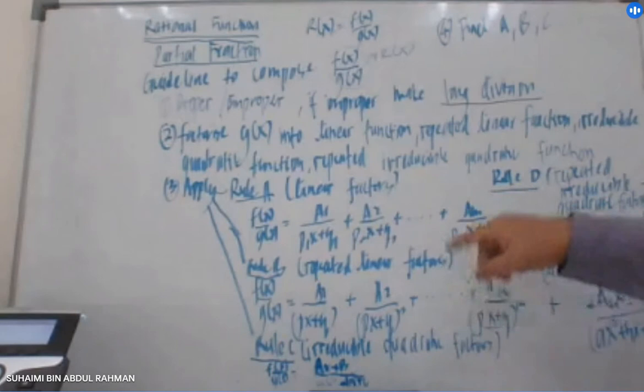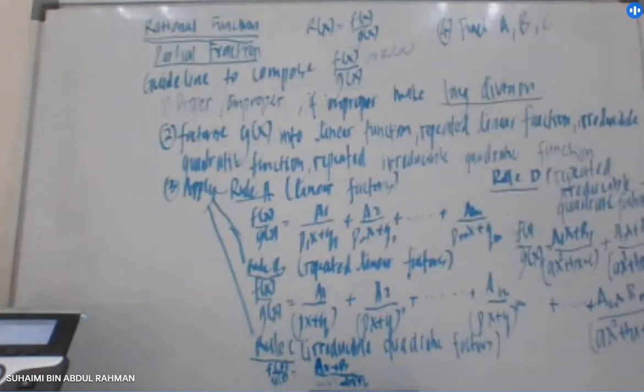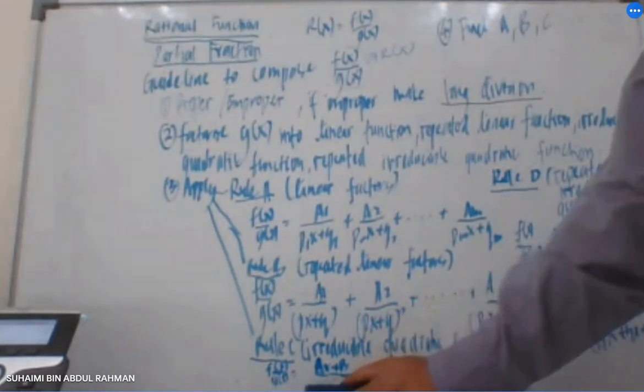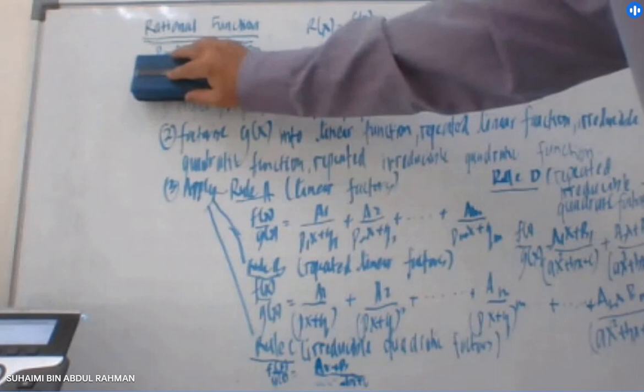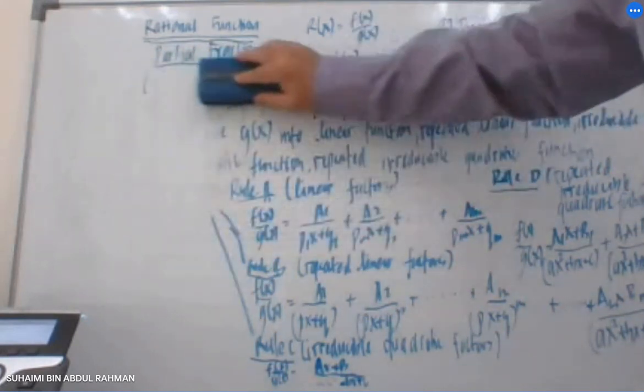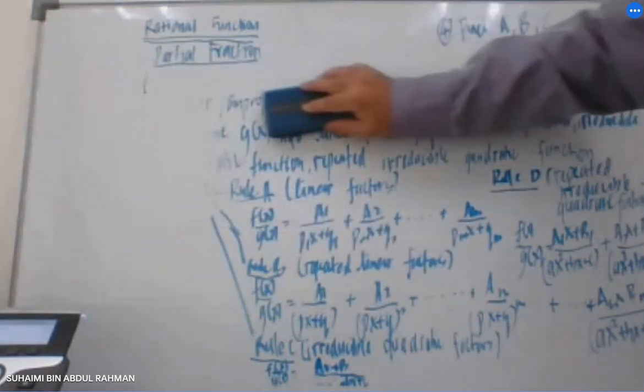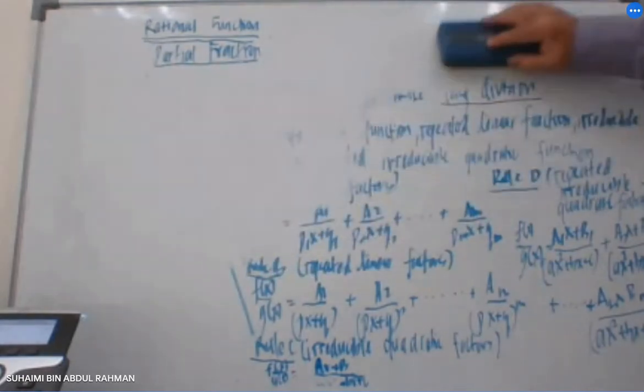So all this you need to remember, need to memorize. These are the guidelines to decompose rational functions.